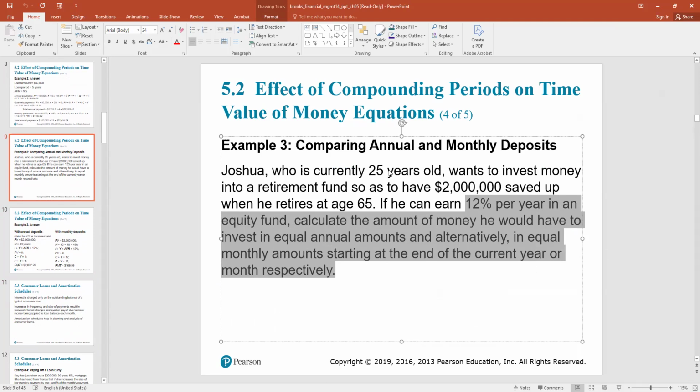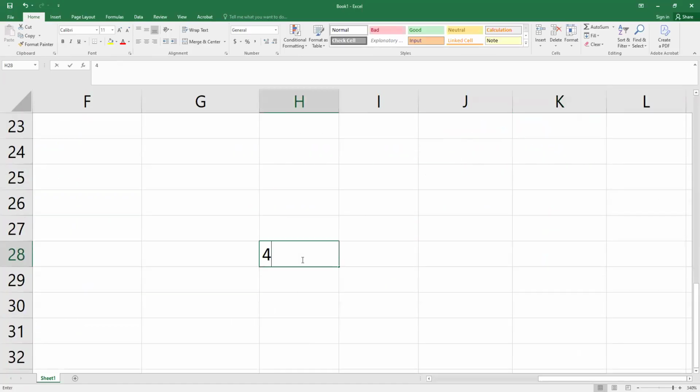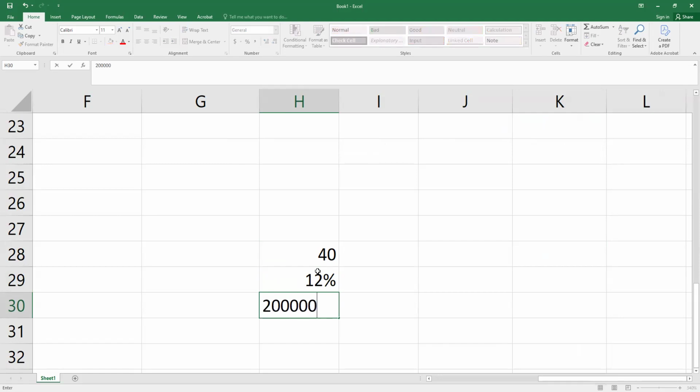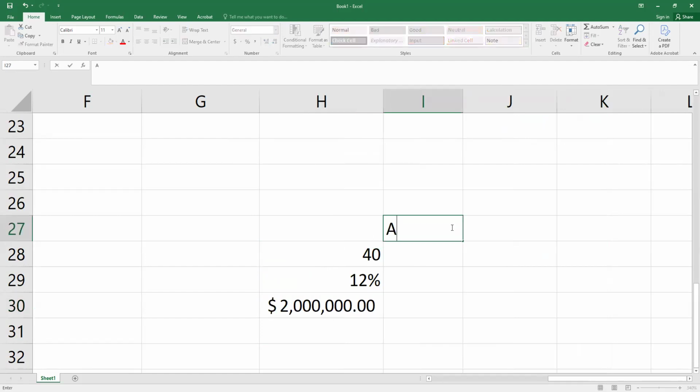2 million, and in terms of the number of years, we have 40 years and 12%. Now, we have 40 years, 12%, and 2 million. One is annually, the other one is monthly, okay?